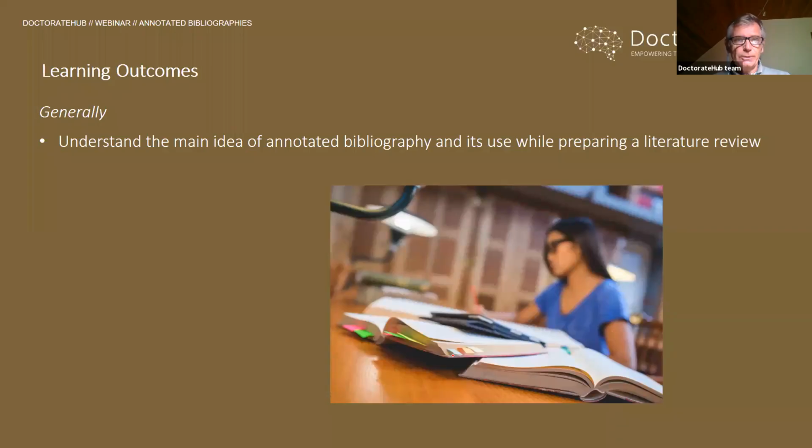Okay, so the general learning outcome idea is that we are trying to establish a link to annotated bibliographies, so that you understand how you can use them in preparing a literature review. But it is not just in the phase of preparing the literature review.